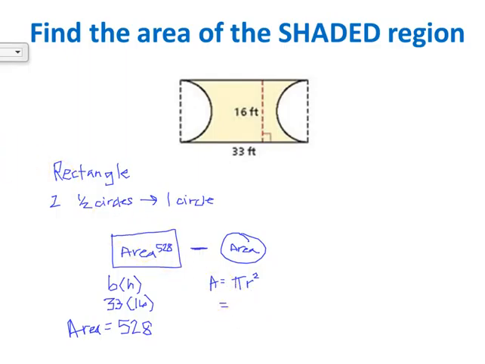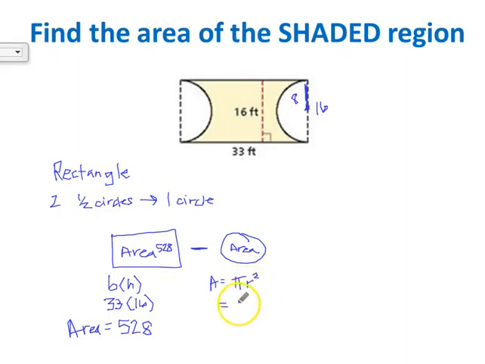No. What do we have for our circle? We know from here to here is 16. So if we move that over, we know that the measurement from here to here is also 16, right? So from that, can we figure out what the radius is? Yep, because half of that would be 8. So our radius is going to be 8.